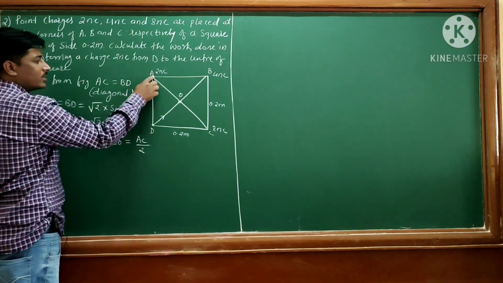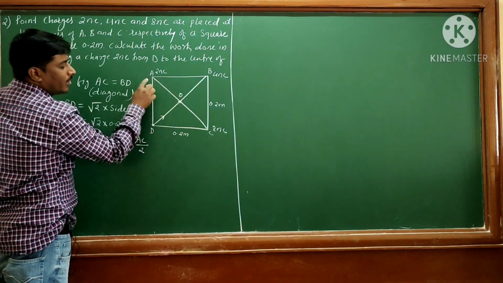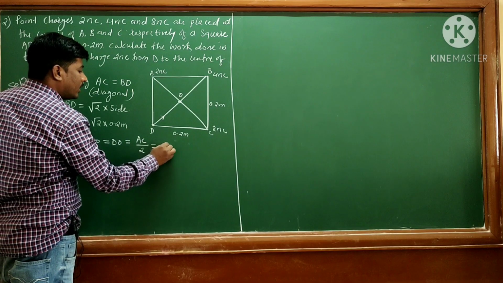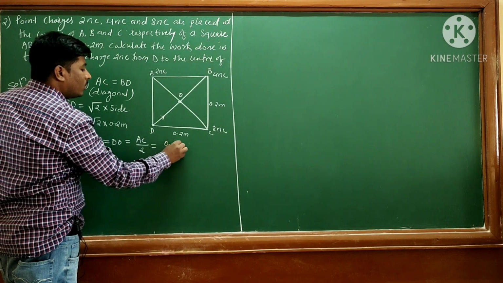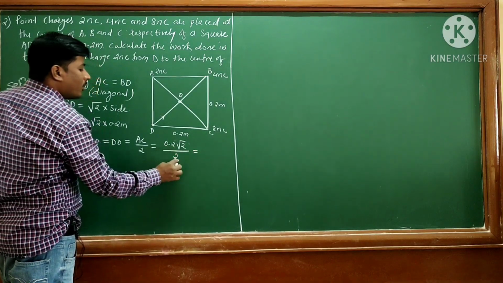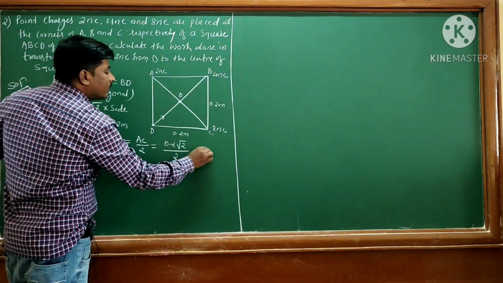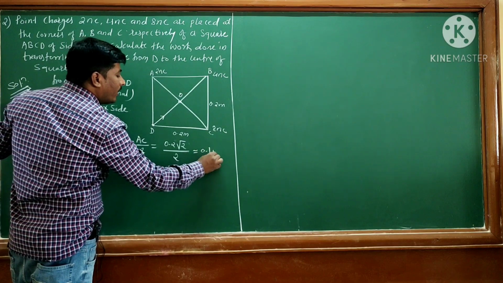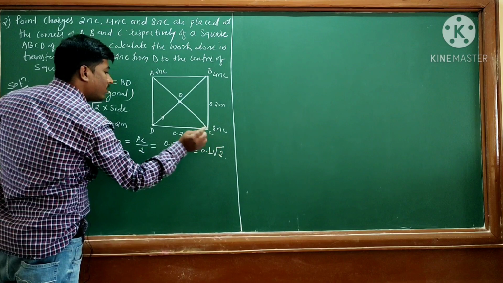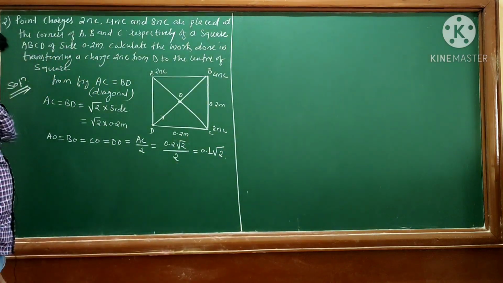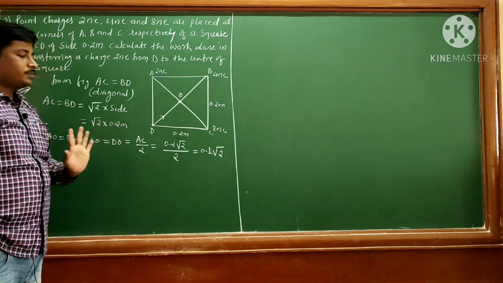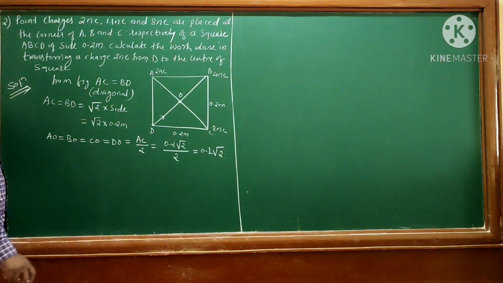So AO is 0.2 into root 2 divided by 2. 0.2 divided by 2 is nothing but 0.1, so we get 0.1 into root 2 for the distances AO, BO, CO and DO.